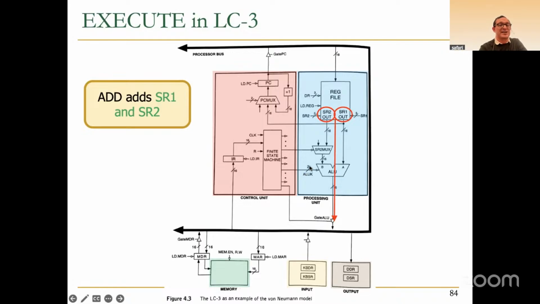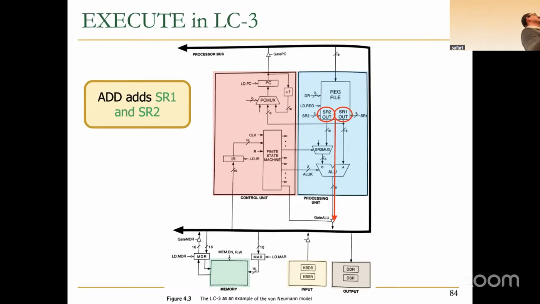These are all control signals, and the result comes out of the ALU. That needs to be gated, meaning this tri-state buffer called gate ALU should be enabled such that the result gets put onto this wire, the processor bus, and later in the next phase, it's going to get stored into the register file. Make sense?